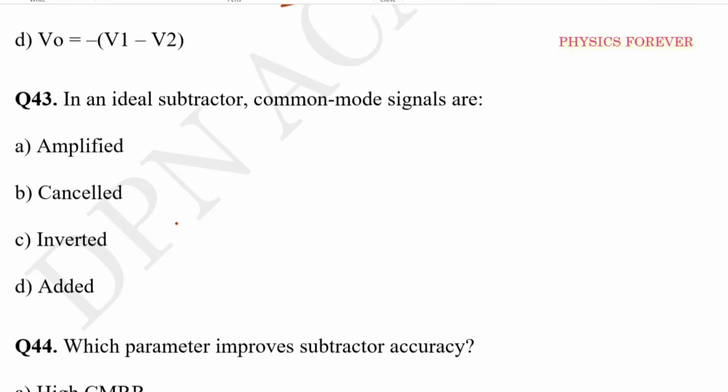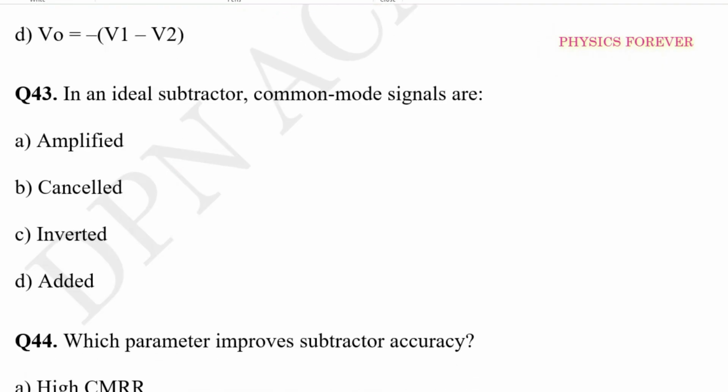Okay, so question number 43: in an ideal subtractor, common mode signals are... in an ideal subtractor, common mode does not appear. So option B is correct.